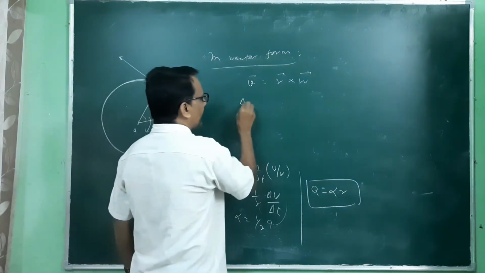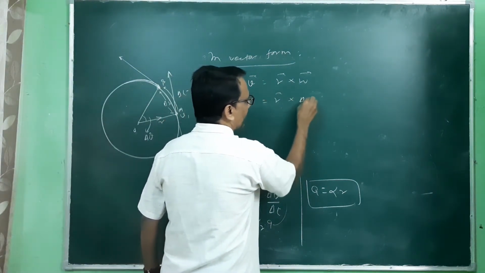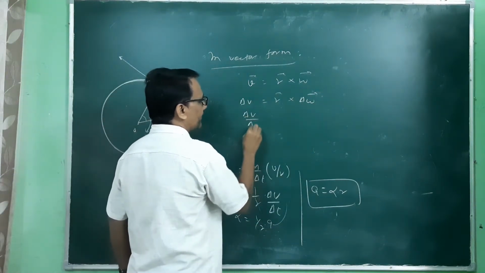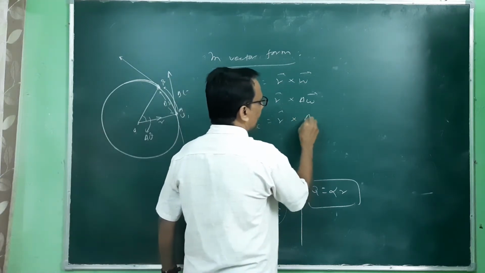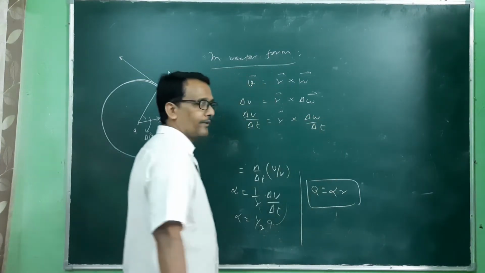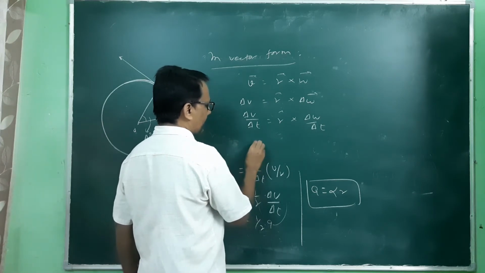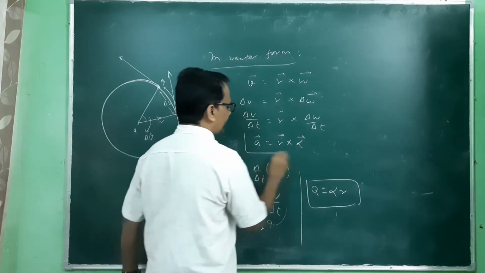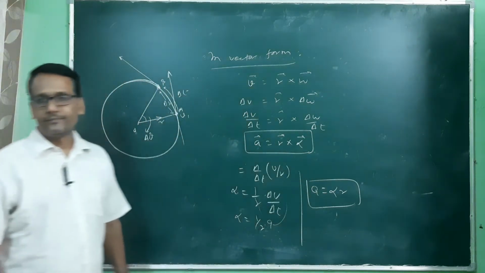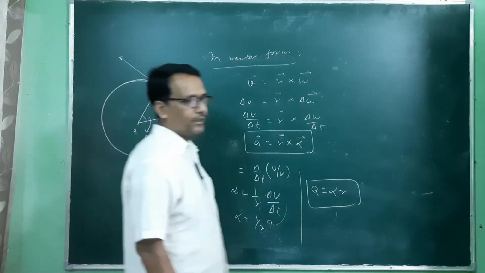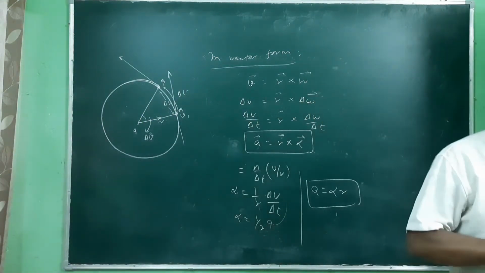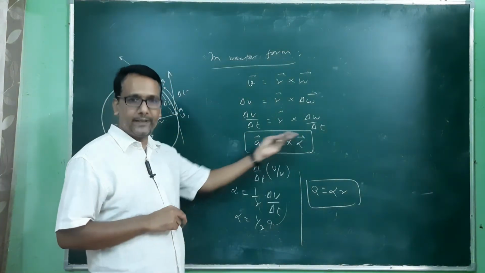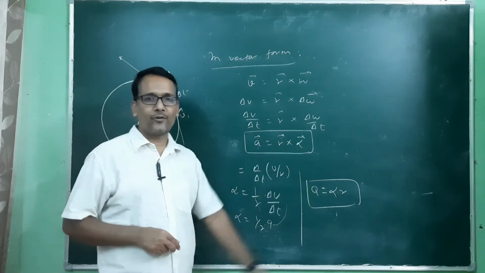So delta of V is equal to R cross delta omega, and by dividing this with time, delta V by delta T, A is equal to R cross alpha. Simply one can derive; again, you can convert this into dV by dT and d omega by dT by taking delta T tends to 0.